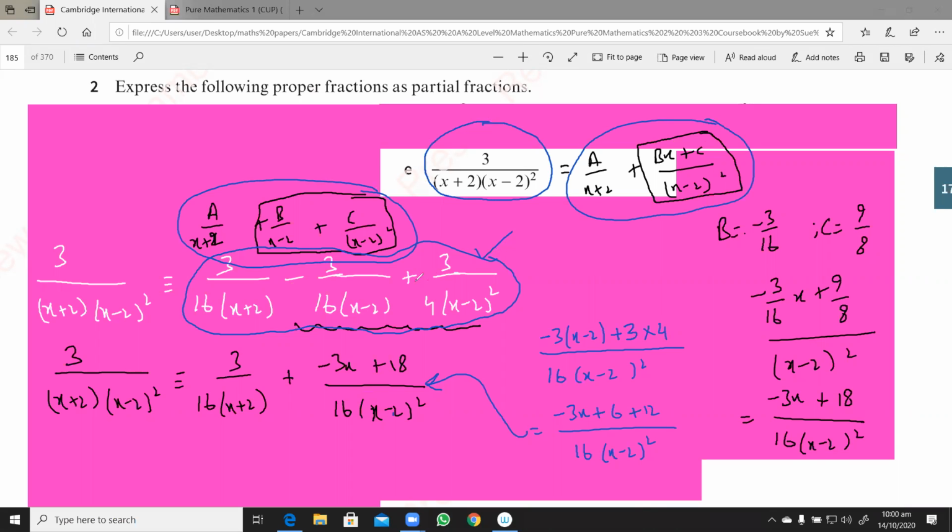But remember, this question on partial fractions is rarely a question where you have to just write the given fraction into its partial fractions. There is always a second part where you either have to go for the binomial expansion or you have to integrate.